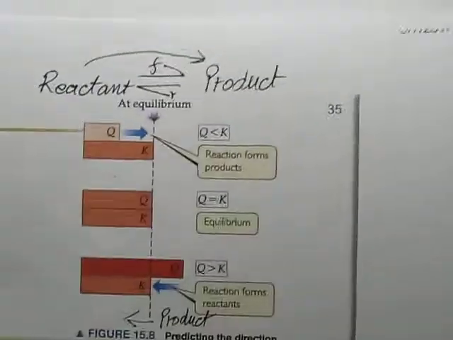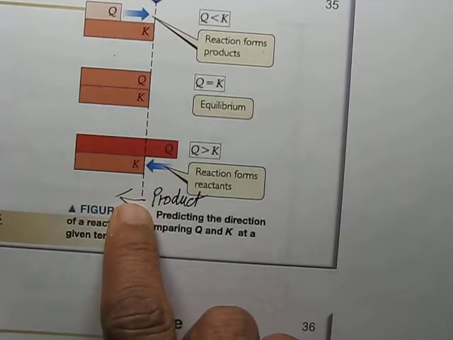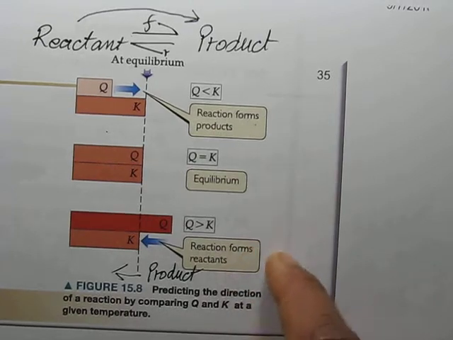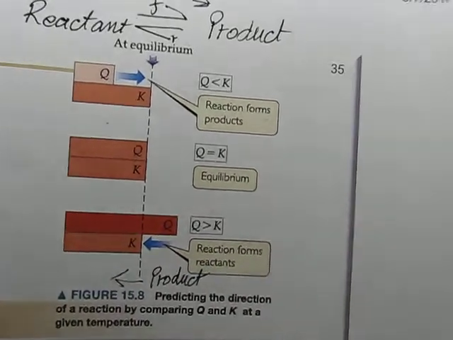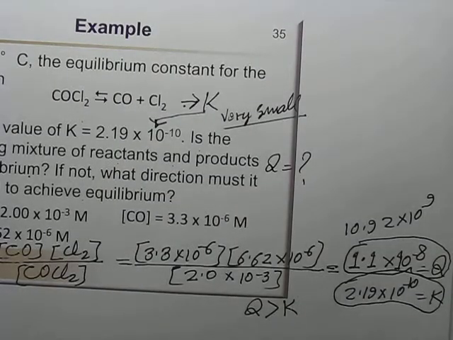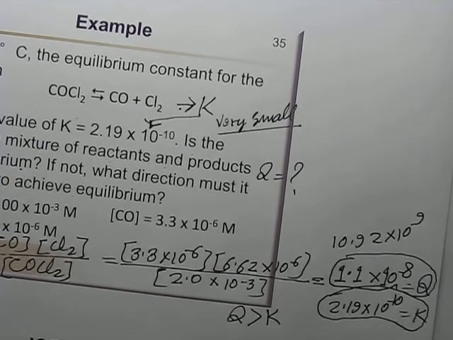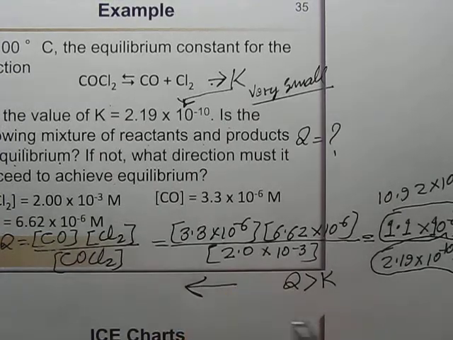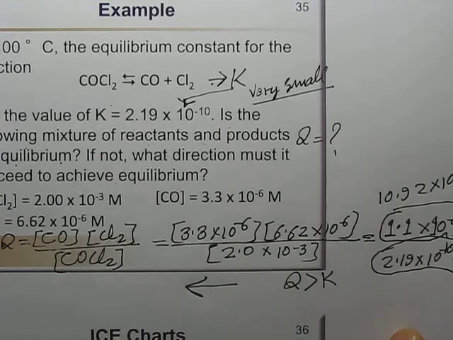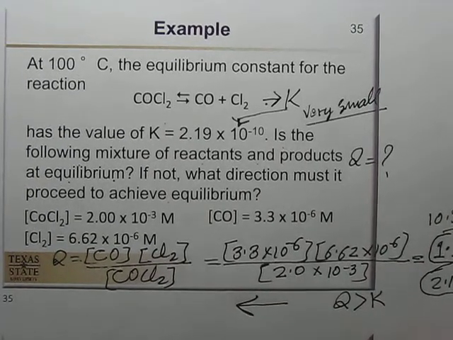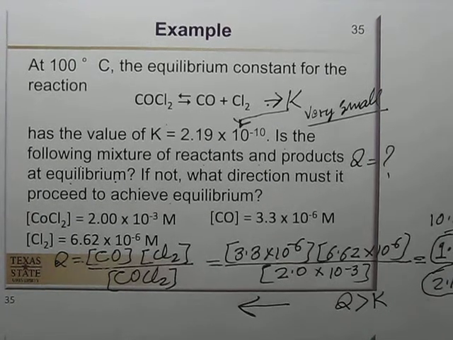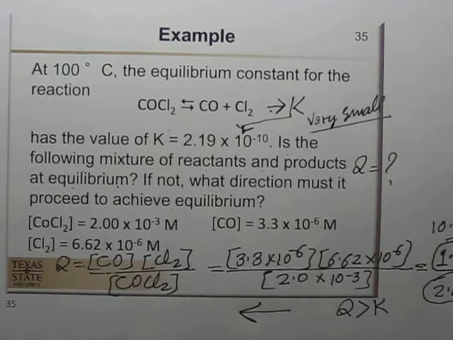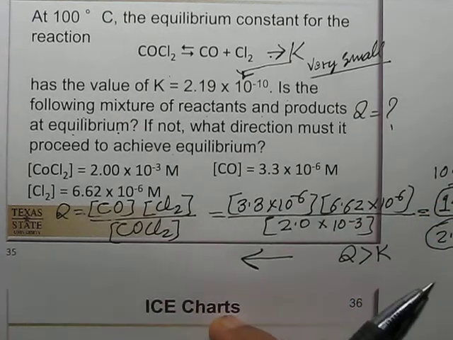It means there is a lot of product, so it should go back to the reactant side. The reaction will move in the reverse direction. So this is the way we can understand K and Q and how we can compare. And in the next video we will study the ICE chart.